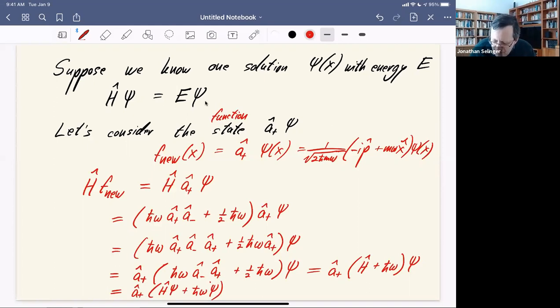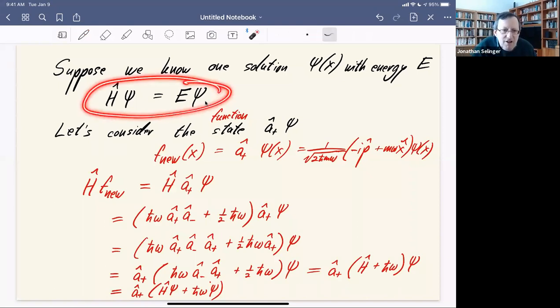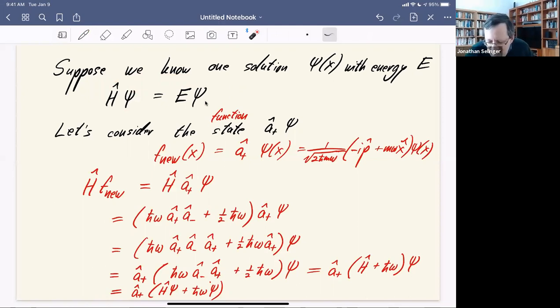But we know what the Hamiltonian acting on psi is, because that was our supposition up here. We're supposing that psi is already one solution of the time-independent Schrodinger equation with an energy E. So the Hamiltonian H hat acting on psi is E psi. It's just a number multiplying psi.